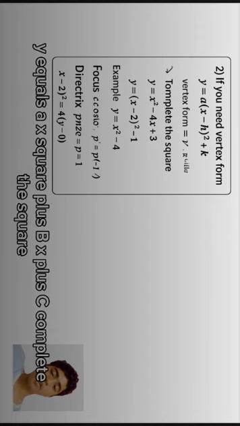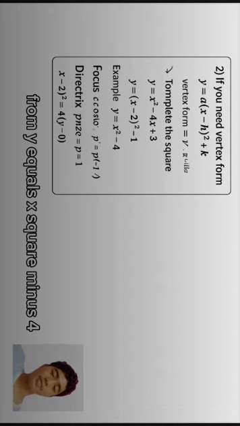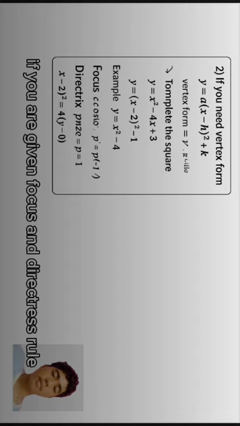To change from standard form, y equals ax squared plus bx plus c, complete the square. But if you already know the vertex, just plug it into the formula. For example, from y equals x squared minus 4x plus 3, the vertex is 2, negative 1, so y equals x minus 2 squared minus 1.